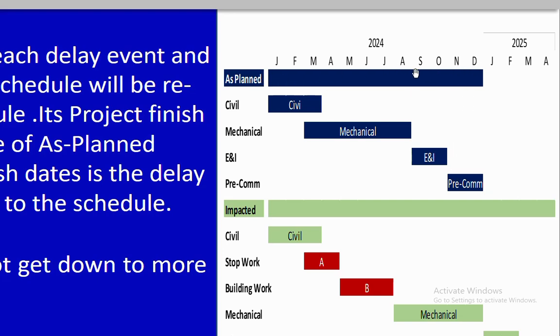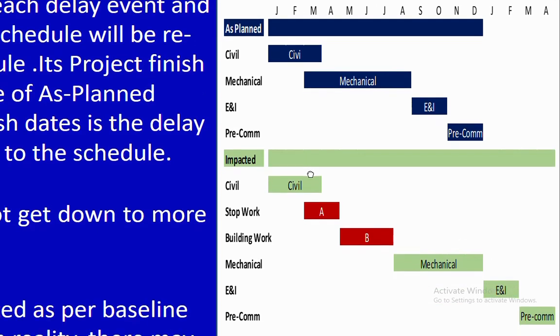The total project should be completed by December. However, in actual, while you are executing the civil work, you find there is a stop work. This work has been stopped for 2 months. And then additional scope of work, building work, has come while you are doing this job.